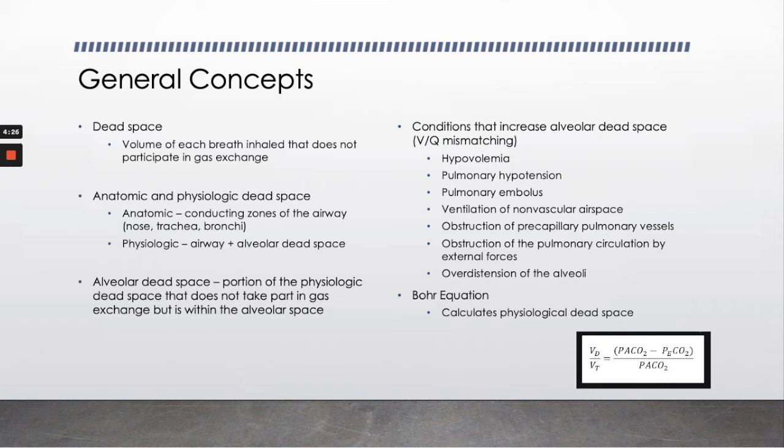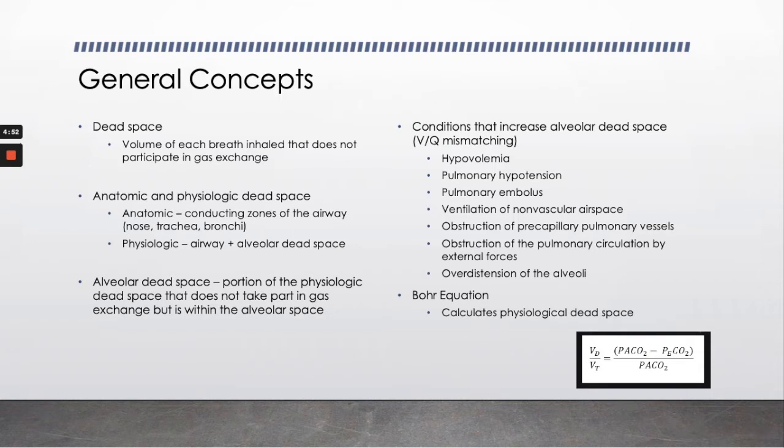So the conditions that increase alveolar dead space are VQ related. When we are showing that there's an increase in alveolar dead space, there's a problem with VQ mismatching. Usually with that, there are regions of the lung that are being ventilated but underperfused.